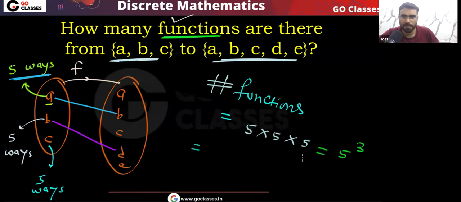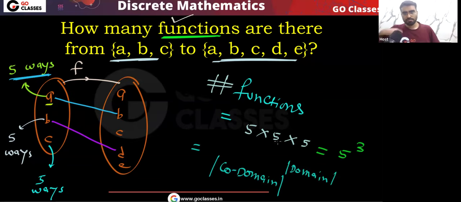Notice one thing. This is actually codomain cardinality, power domain cardinality. This is codomain cardinality. This is domain cardinality. So this is your 5 power 3.